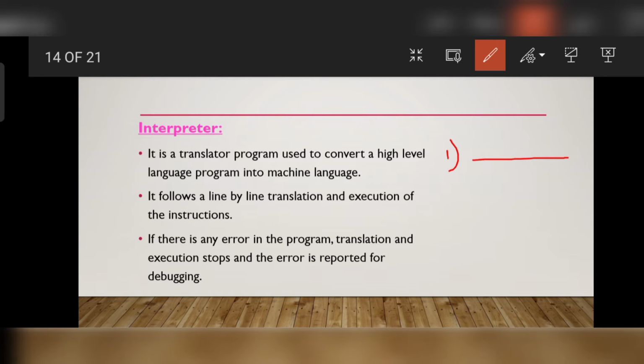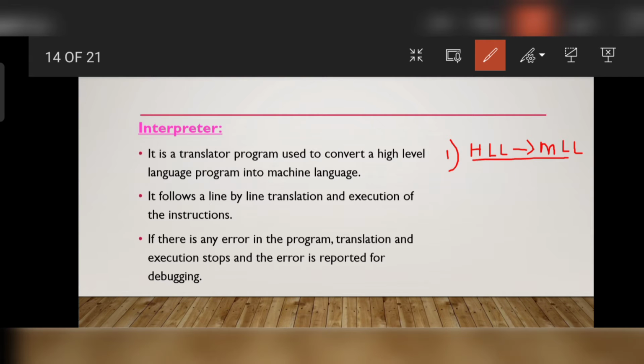Whenever we enter the first instruction in high-level language, the interpreter will translate this first line into machine-level language.